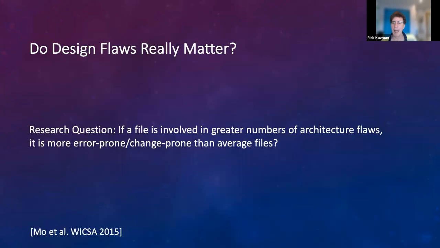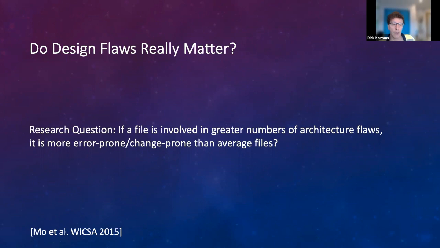So every project that we look at has design flaws. Every project has design flaws. So the question is, well, how much do they matter? How bothersome is this? How much should I be worried about these design flaws? If you take Kazman's word for it, that every project has them, that means your project has them. Is this a problem?